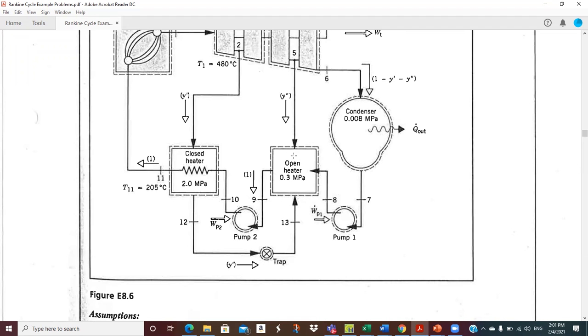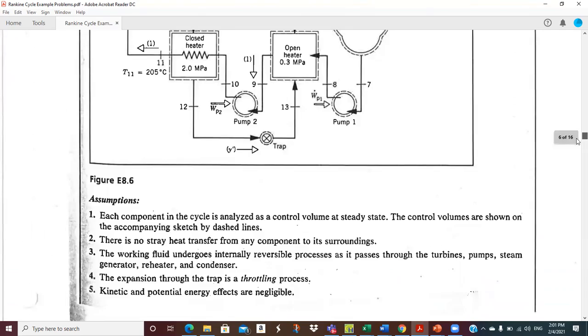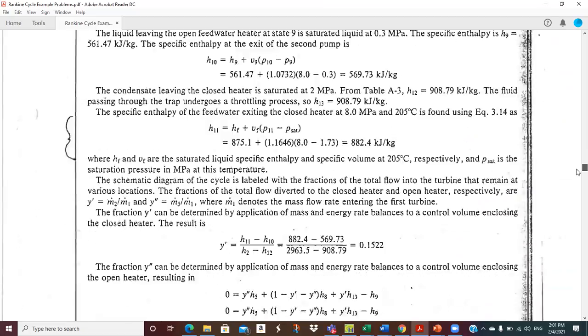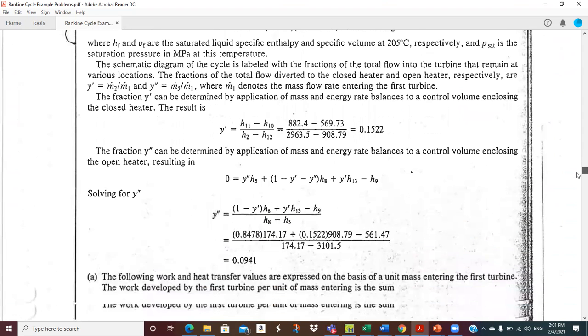So all those added up have to equal H9 times 1, because that's the mass flow. So it's all put back together exiting the open heater. And so if you do that math and do just a little bit of algebra on it, then you will be right back down here to this equation right here.